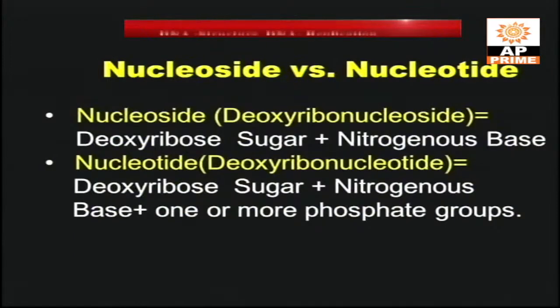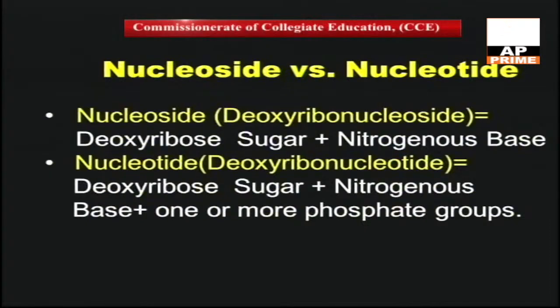Once we know the structural components in DNA, we must focus on the differences between nucleosides and nucleotides in DNA. A nucleoside is formed when a deoxyribose sugar joins to a nitrogenous base, whereas a nucleotide is formed when a nucleoside joins to 1 or more phosphate groups.